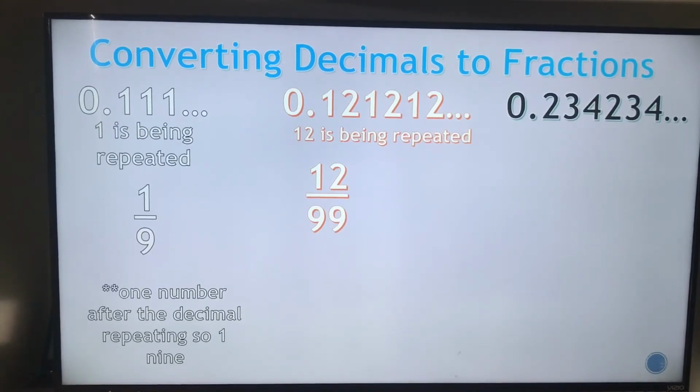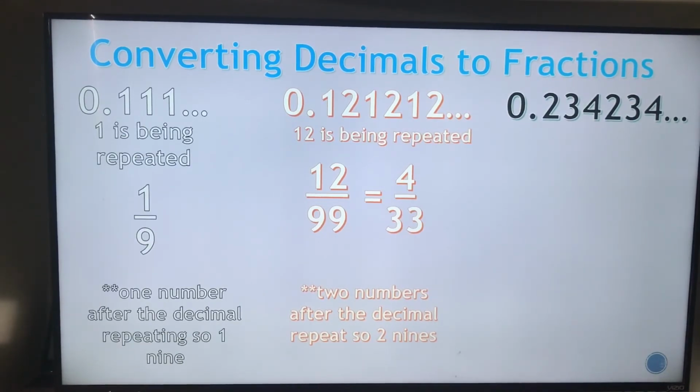I'm not done. And you are correct. 12 can be divided by 3, and obviously so can 99. So you actually end up with 4/33. So you should see a pattern taking shape here. Since 2 numbers after the decimal repeat, there are 2 9s that go on the bottom.